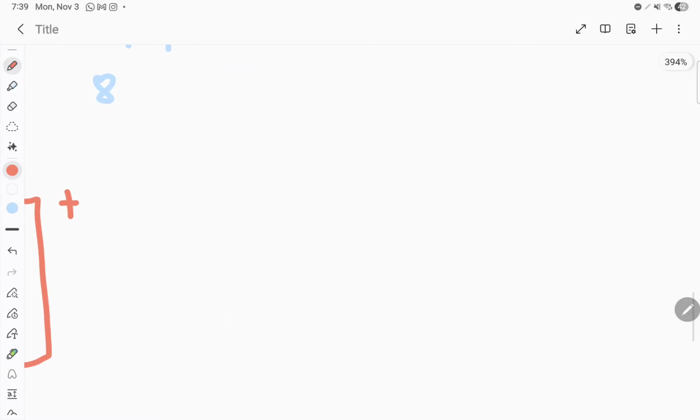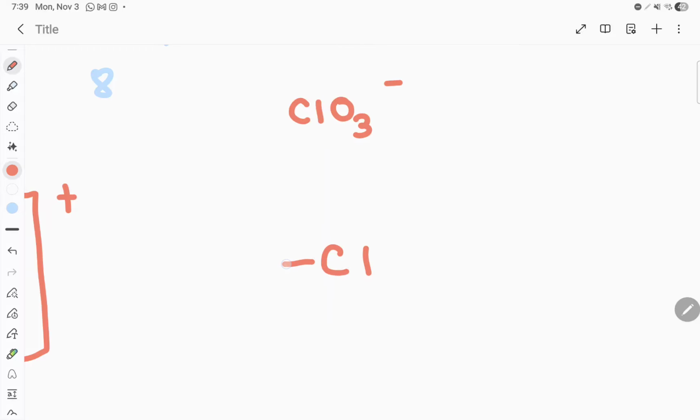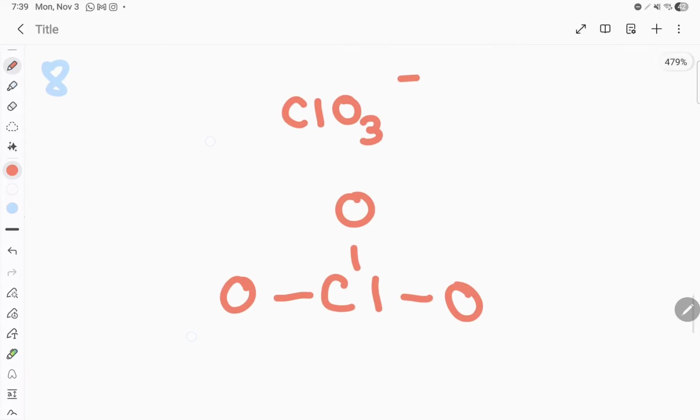Maybe one with uneven charge. Okay. Now let's see, we have ClO3, and it's minus. Actually, first let's just draw Cl, O, O, O. Cl is in group 7.